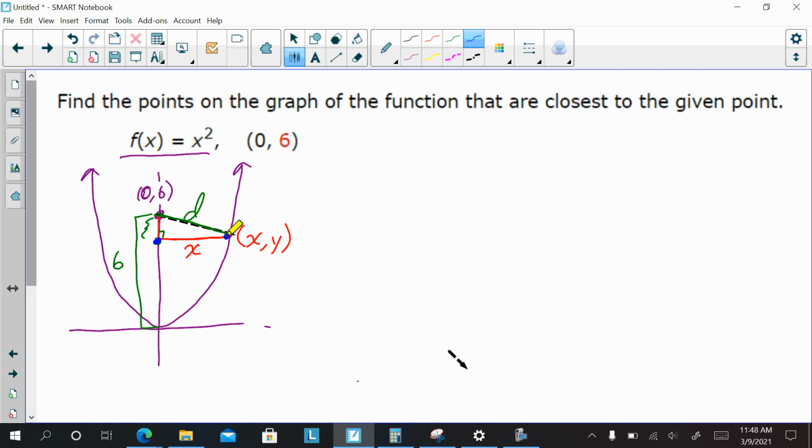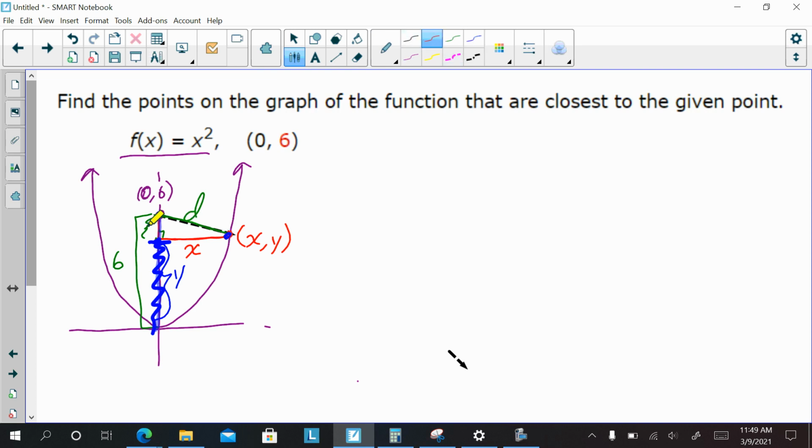Notice that's the same as the given y value. If my point that I am closest to 0, 6 is here, this y value and that are going to have the same y value. So if I know this full distance and I take away this part, then I would be left with this part up here.